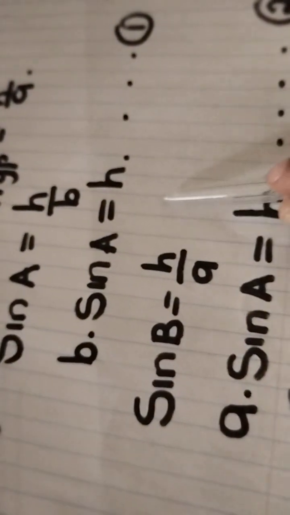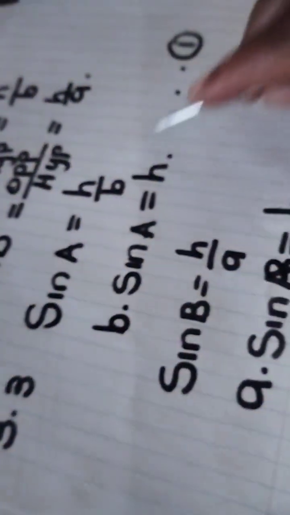Making H the subject of the formula, you multiply by A on this side. My mistake here, I made a mistake. I was supposed to say B. So you have something like that, which is equal to H.